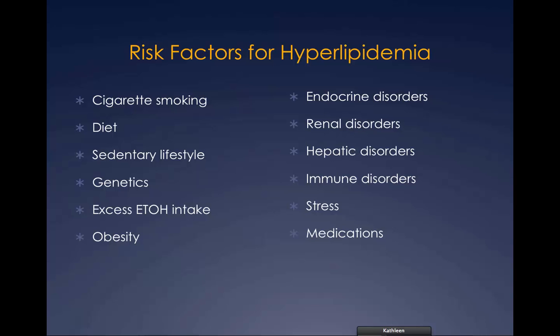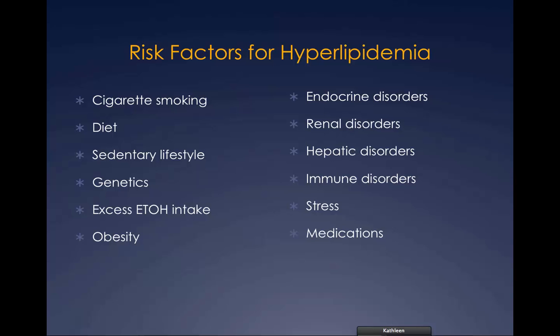Hepatic disorder: the liver excretes cholesterol and bile, and also makes very low density lipoproteins and HDL. Some immune disorders cause an increased inflammatory response, leading to excess lipid mediators. Stress causes an increase in cortisol, leading to increased blood glucose levels.